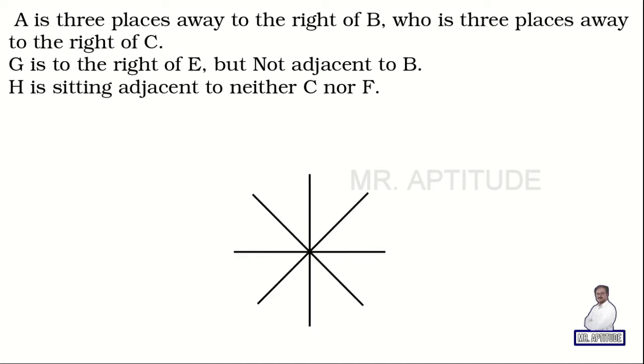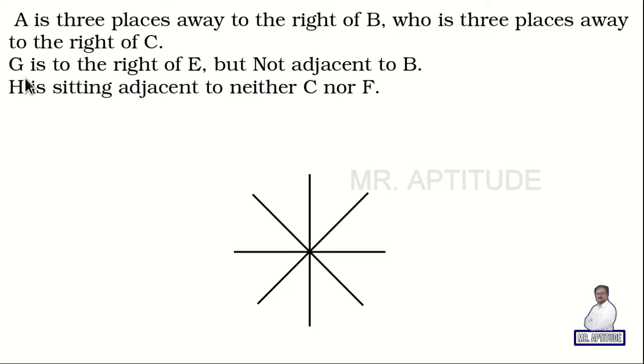You are given that A is 3 places away to the right of B. As we know, 3 places away means there should be exactly 2 persons sitting between A and B. Who is 3 places away to the right of C? It means that B is 3 places away to the right of C.